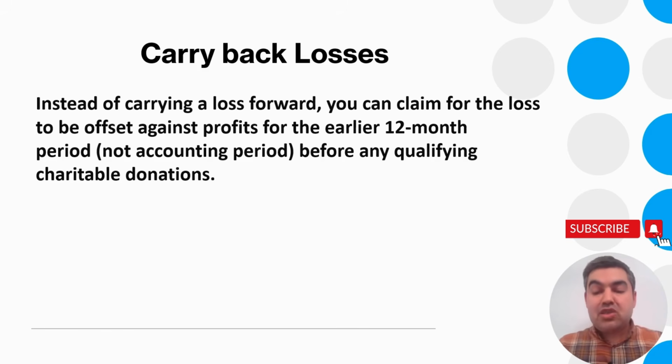If it's shorter, take the whole months and then take some more months from the accounting period before the previous one, so it makes a complete 12 months. You are allowed to offset these losses against the profit of the earlier 12-month period, before any qualifying charitable donation.